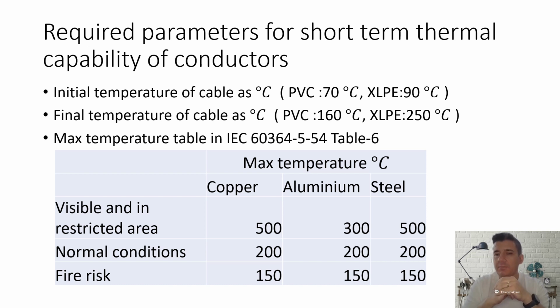If you are using aluminium, then it is 300. If you are using steel, then it is 500. In normal conditions, all of them are 200 degrees. If there is fire risk, then all of them are allowed up to 150 degrees. So you will see all these things in this calculation tool, which will show you if it is convenient or you have to resize your conductor.